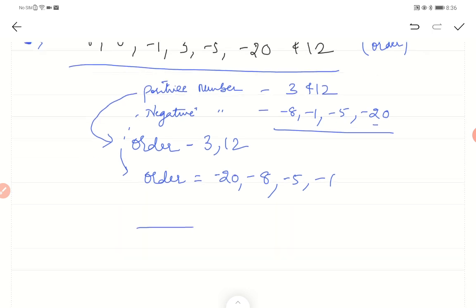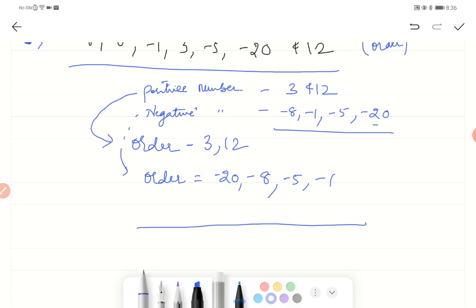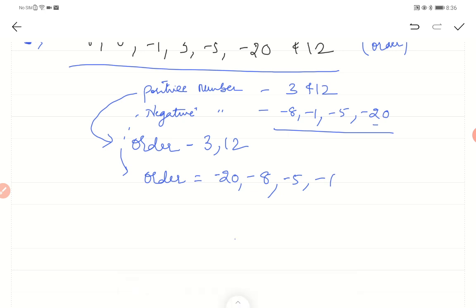Now you can put them together. You can draw it on the number line, or you can just write it. I think it's better if you just write. So 0 will come in the middle, you take your positive numbers in ascending order, 3 and 12, and you write the negative numbers in order.